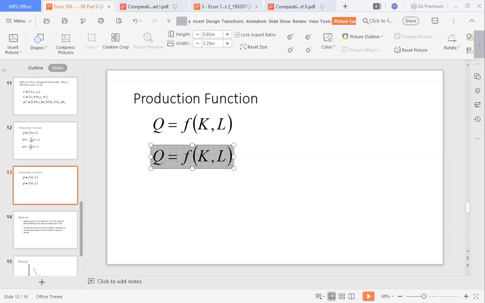Let me just check on the coefficient. So it's 3. Let's have a Cobb-Douglas production function where the coefficients add up to 1. So let's have K raised to 3 over 4 and L raised to 1 over 4.